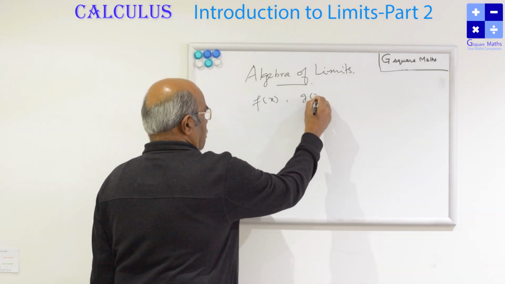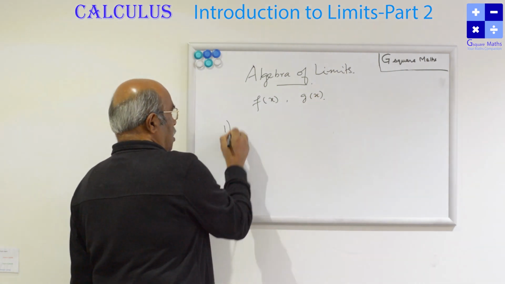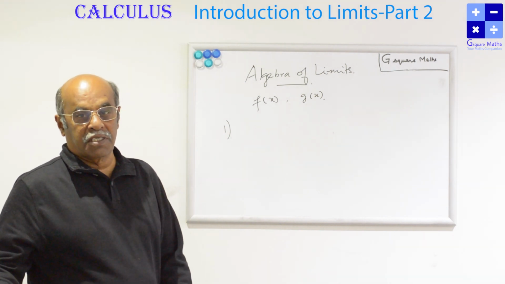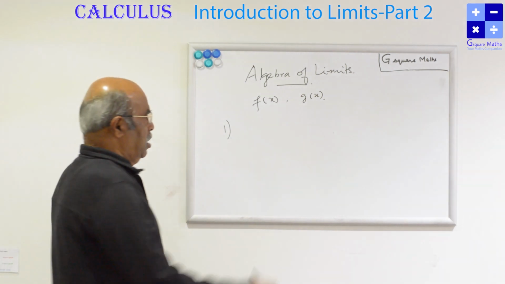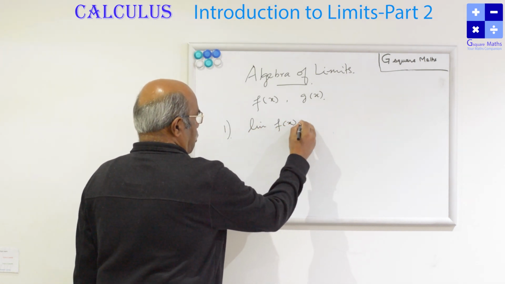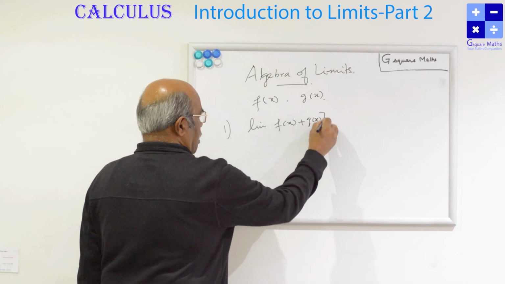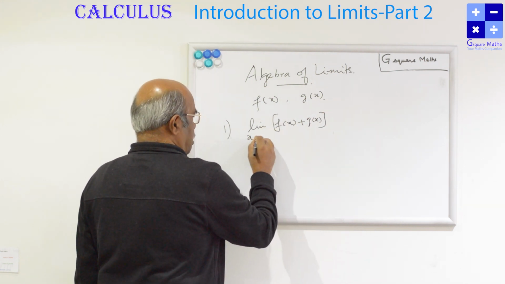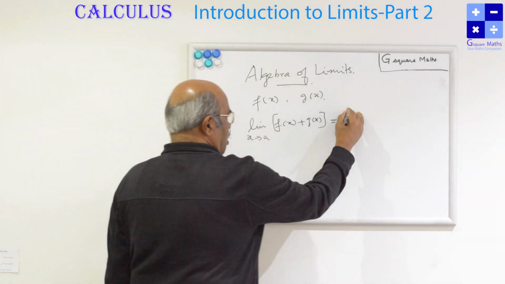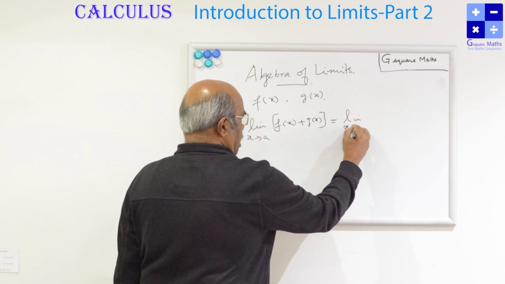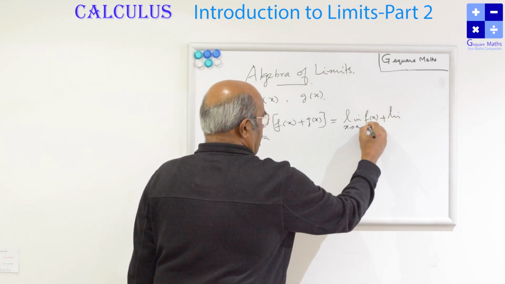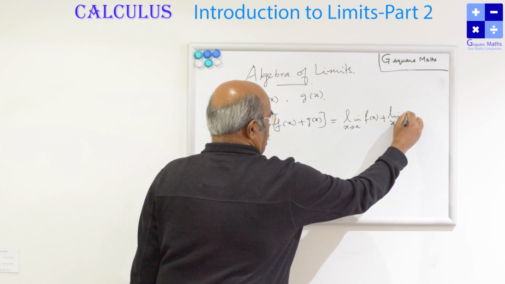The first algebra of limit says the limit of the sum is equal to the sum of the limits. Limit of f(x) plus g(x) as x tends to a is equal to limit x tends to a f(x) plus limit x tends to a g(x).